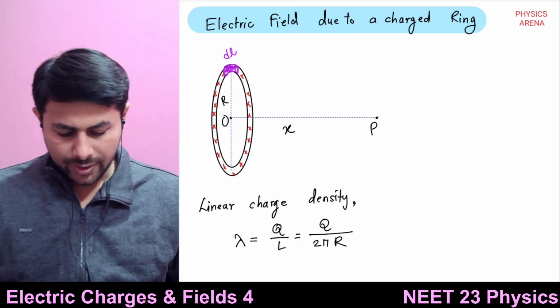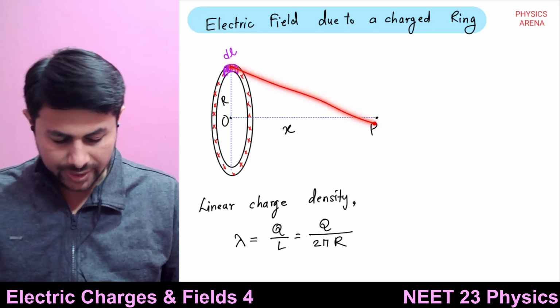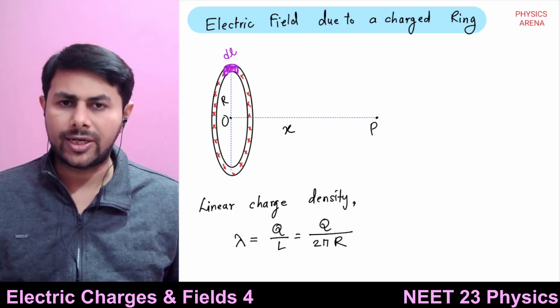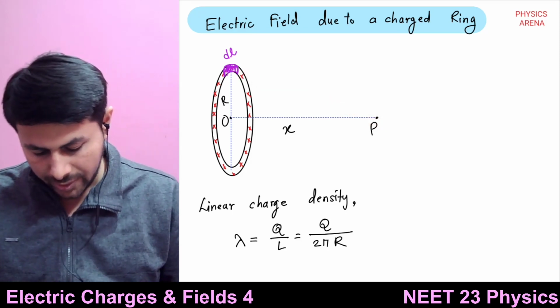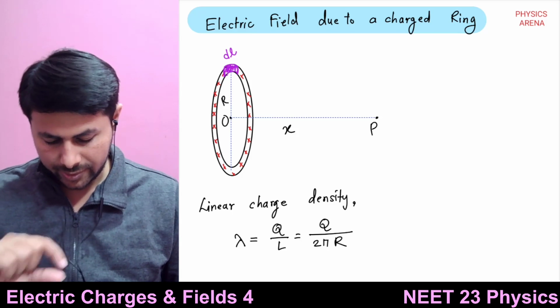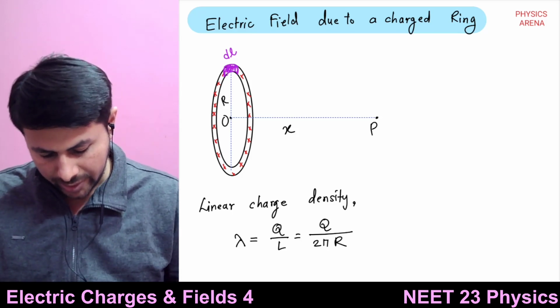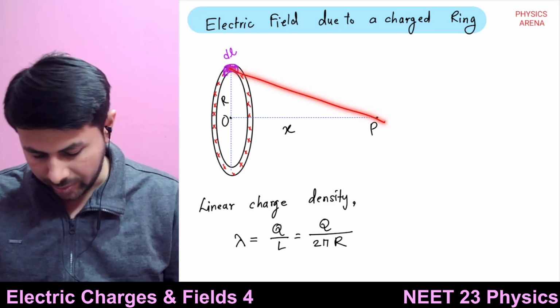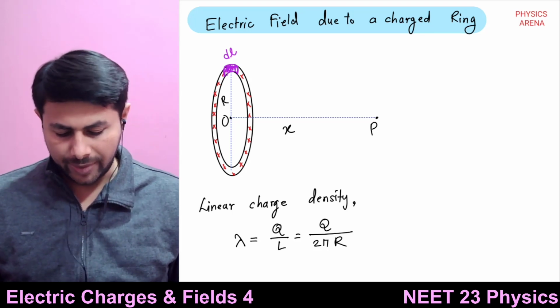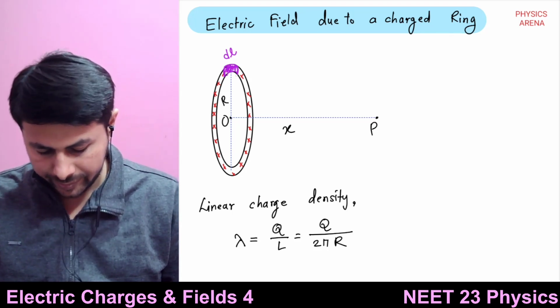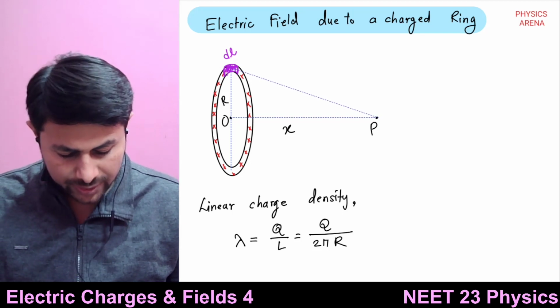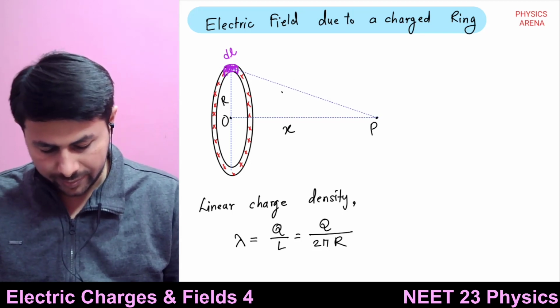Therefore, the distance of this small length element from point P can be found out using Pythagoras theorem, right? Suppose this distance is small r.